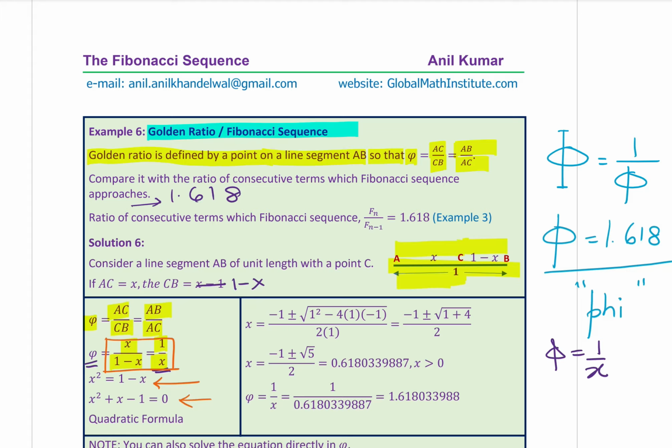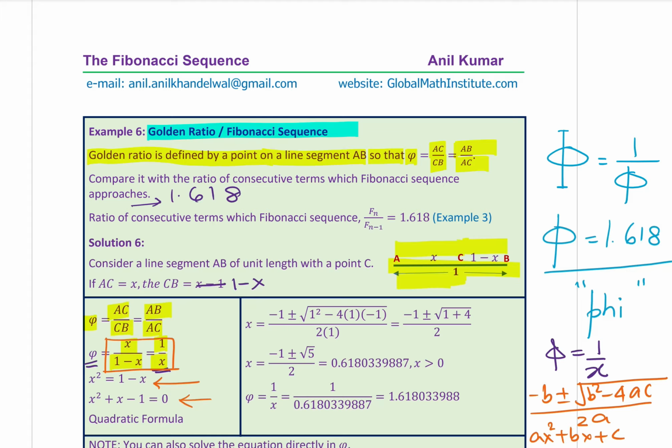Solve using the quadratic formula, right? I hope you remember the formula, which is minus b plus minus square root of b squared minus 4ac over 2a, for the quadratic equation ax squared plus bx plus c, right?